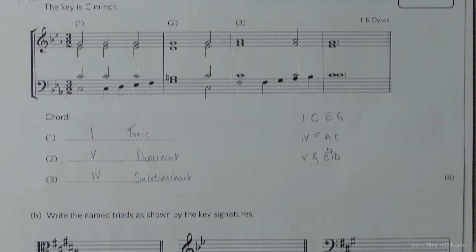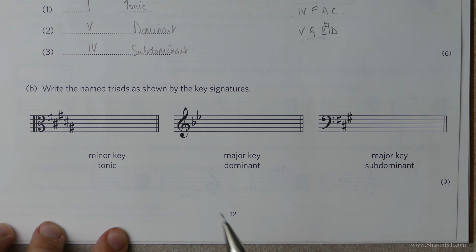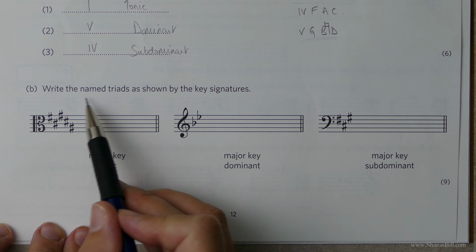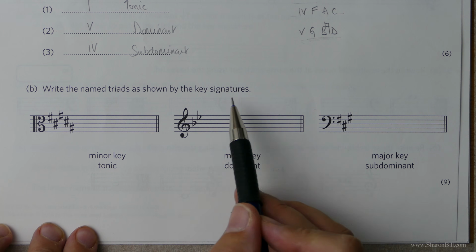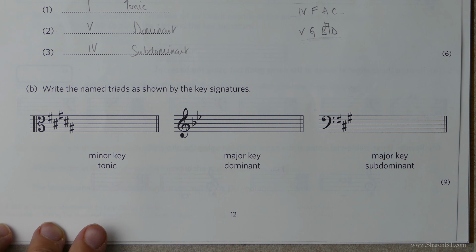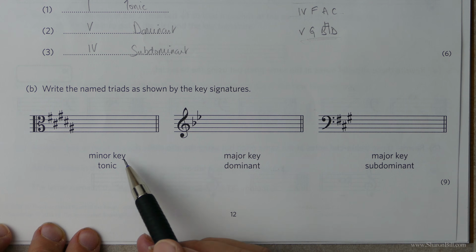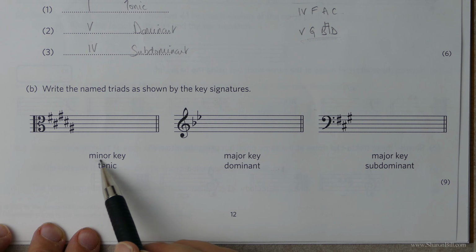And so we're on to the last part of this harmony question. So we need to write the triads that they've asked us to, and we need to also look at what key signature it is. So this could be a key either major or minor. They're telling us that they want it to be the minor version.